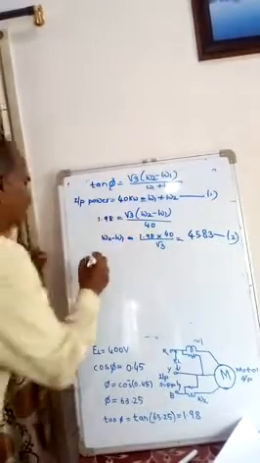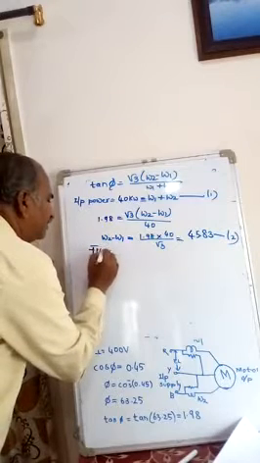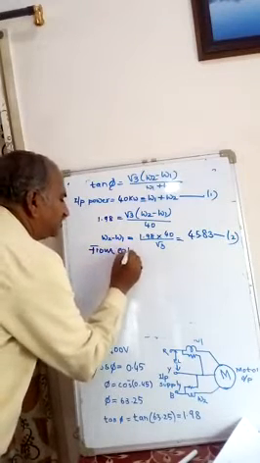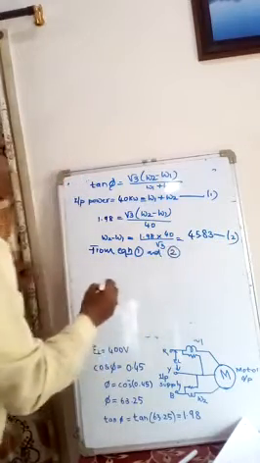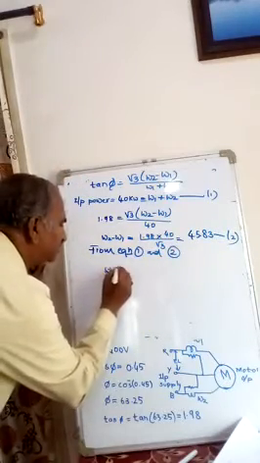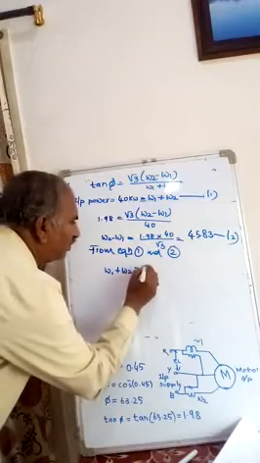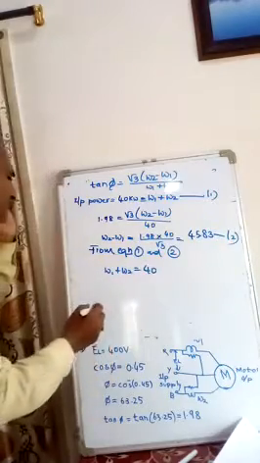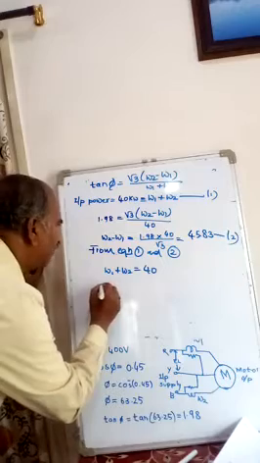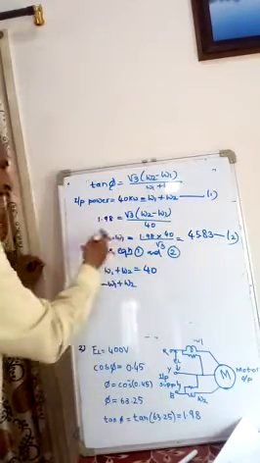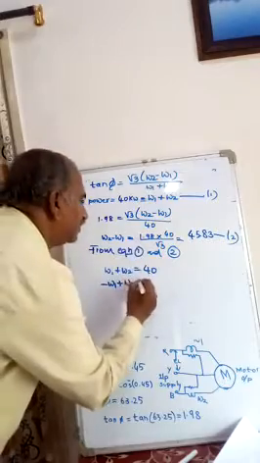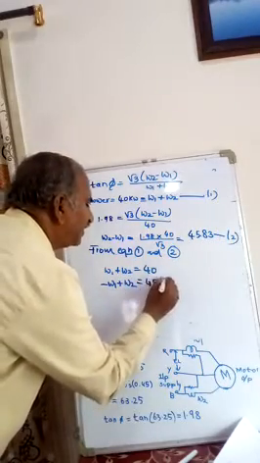Then from equations 1 and 2. One is W1 plus W2 equal to 40. Second equation is minus W1 plus W2 equal to 45.83.